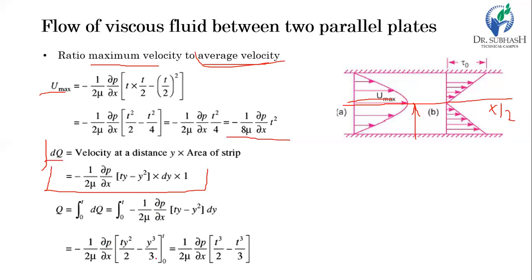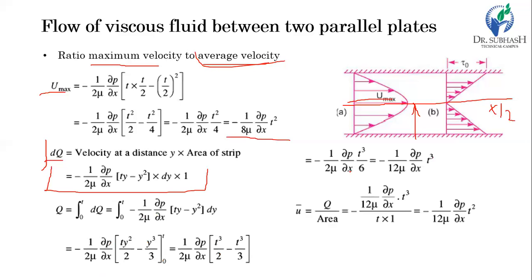So by this way we get the integration, and after that putting the value of this limit, first upper limit minus lower limit, and thus we get the relation like this. So it is minus 1 upon 2 mu del p by del x into t cube by 6, and after multiplication of 6 and 2, we get the relation minus 1 upon 12 mu del p by del x into t cube. But this is the value of q only.